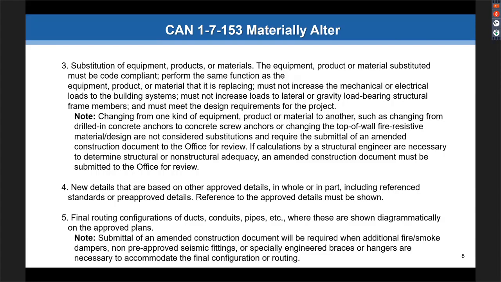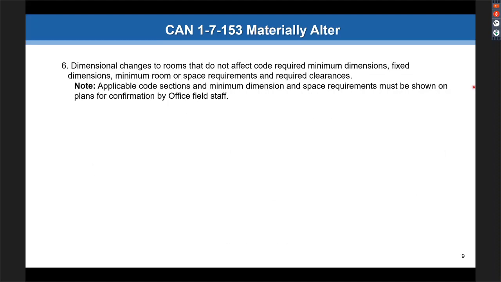The sixth type are dimensional changes to a room that do not affect code required minimum dimensions, fixed dimensions, or minimum room or space requirements or clearances. I mentioned earlier about adding a dimension that we don't need to see. That is adding a missing dimension that doesn't change the design.